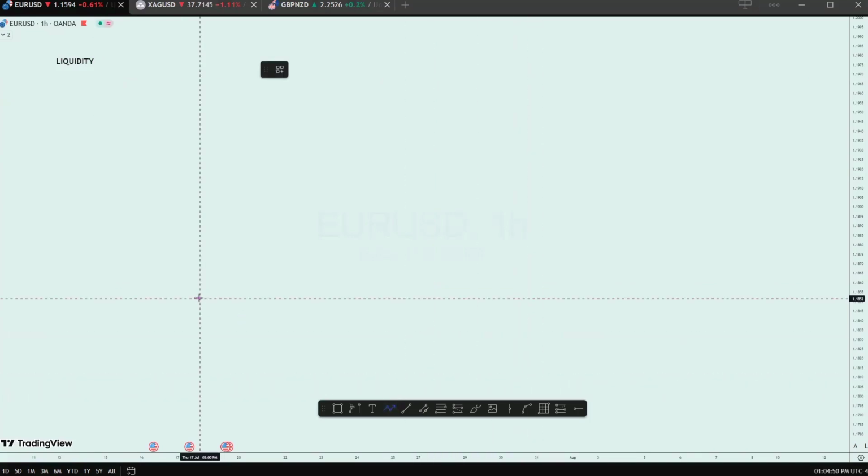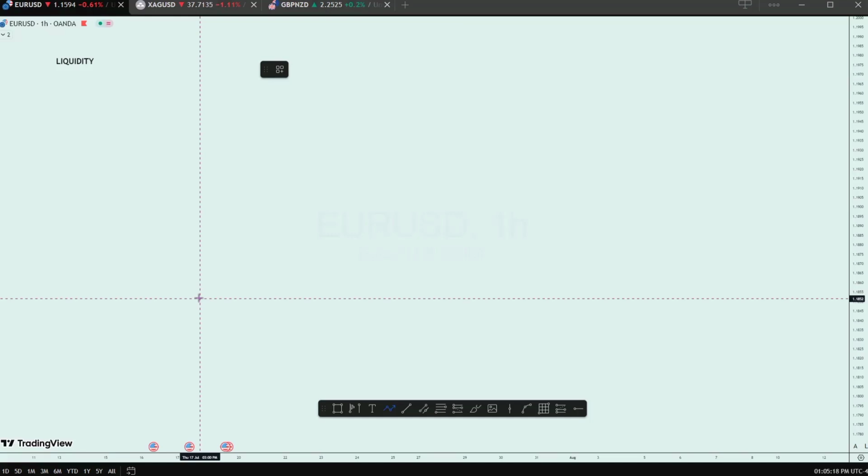Like I said, we have different types of liquidity. We have equal highs and equal lows liquidity, previous high, previous low, weekly high. Those are examples of liquidity levels. But in this strategy, I'm focusing on just one, in order not to complicate things for us.